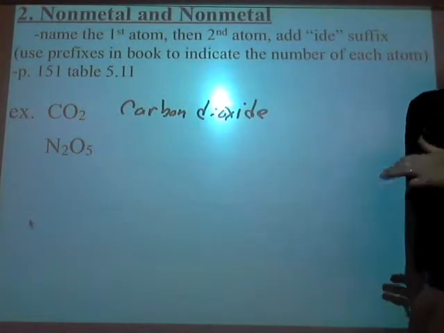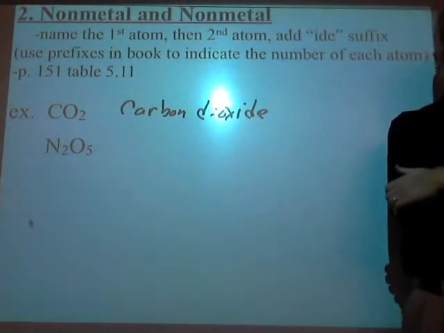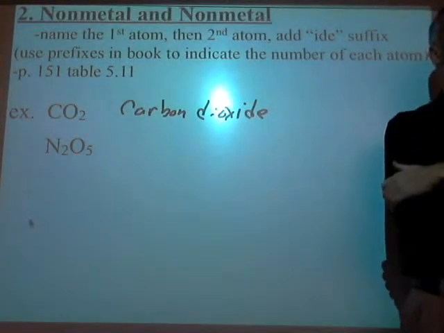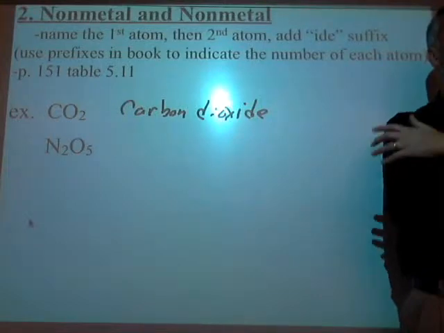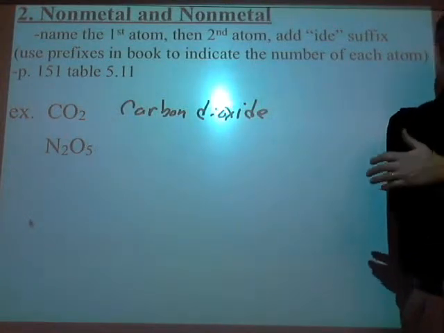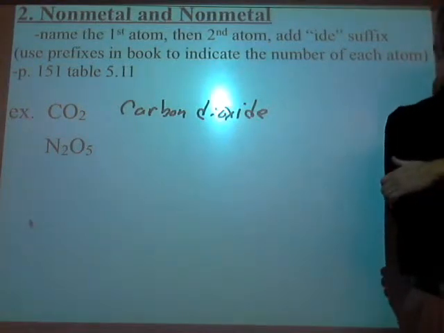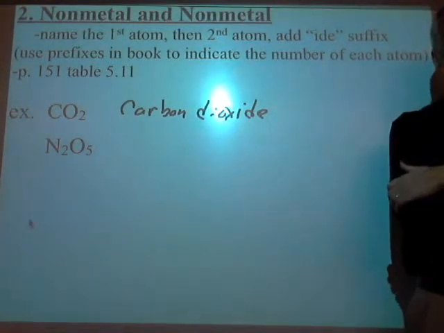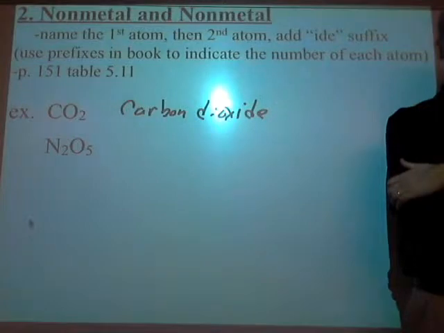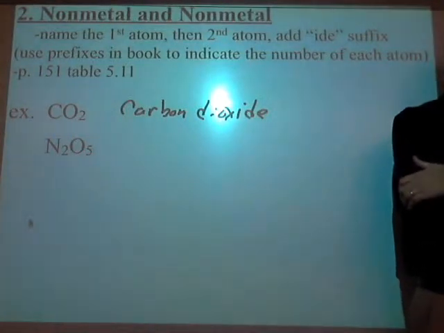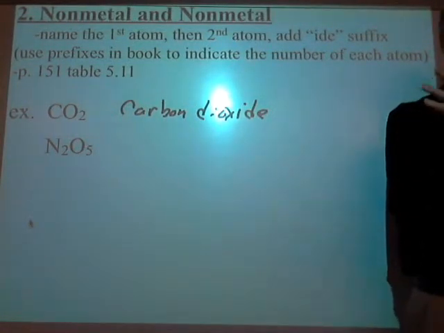What do you think 3's prefix is? Tri. What do you think 5's is? You should know 5. Think of a 5-sided figure. Penta, yeah. What do you think 8 is? Oct. What do you think 10 is? Di? Dec, not di. Di would be 2.